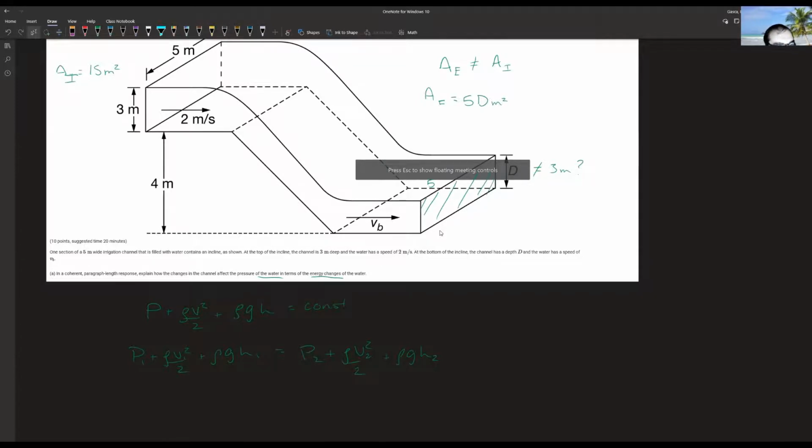So here, they just want us to explain how the changes in the channel affect the pressure of water in terms of the energy changes in the water. So what's going to happen? Well, this water is going to drop height.